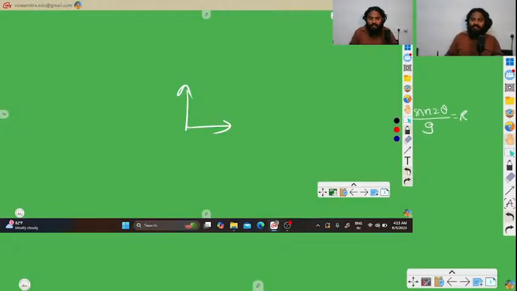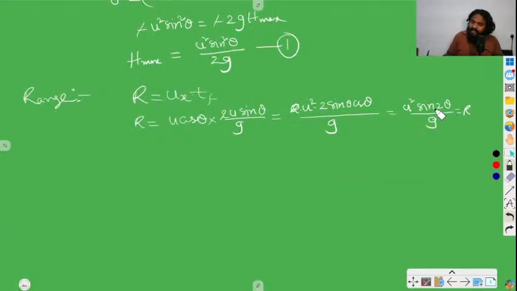Here, if you observe in the previous video carefully, we have learnt that the range is maximum when you substitute 1 in the place of sine 2 theta, right? The maximum value of the sine function is 1 only, right?